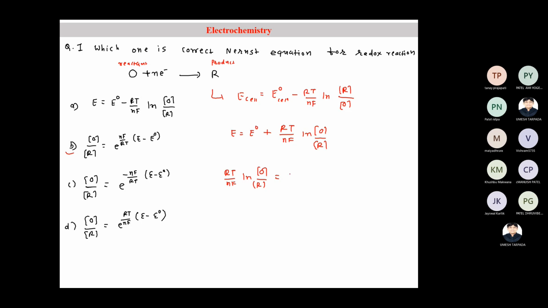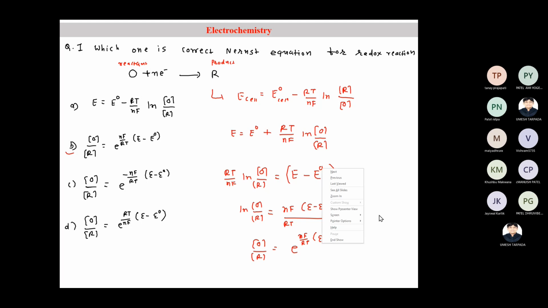This term goes to the other side, so it becomes E minus E0. Now next, ln O upon R: nF which is in the denominator goes to the numerator, and RT comes in the denominator. Now to remove the ln, we take the exponential on both sides. So it becomes e raised to nF upon RT times (E minus E0). This is your correct Nernst equation.